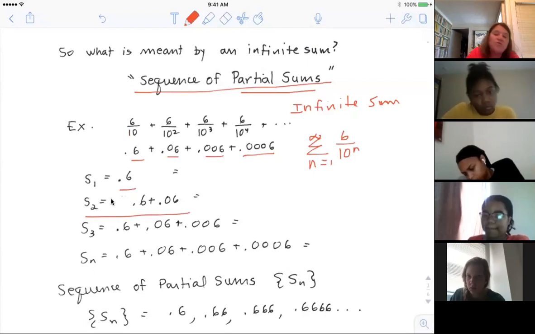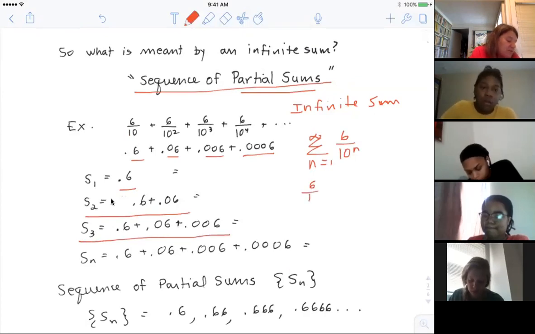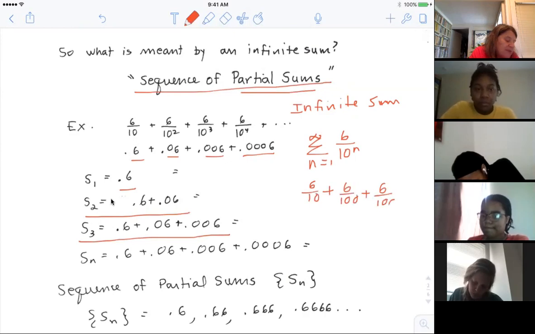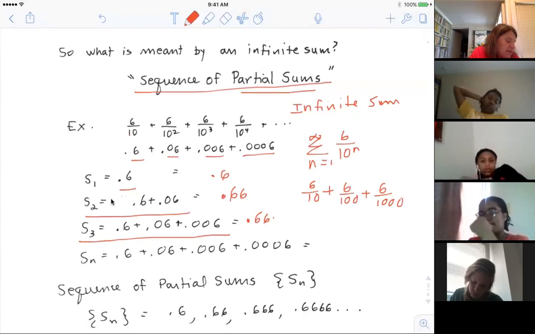That's a partial sum. If they asked me to find S3, I go 3 into it. So I'd have 6 tenths plus 6 hundredths plus 6 thousandths. That's my S3. Notice this is 0.6, this is 0.66, this is 0.666.